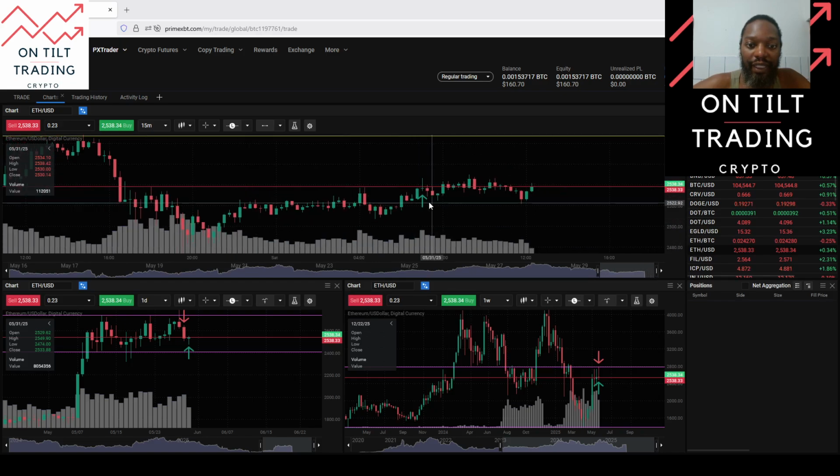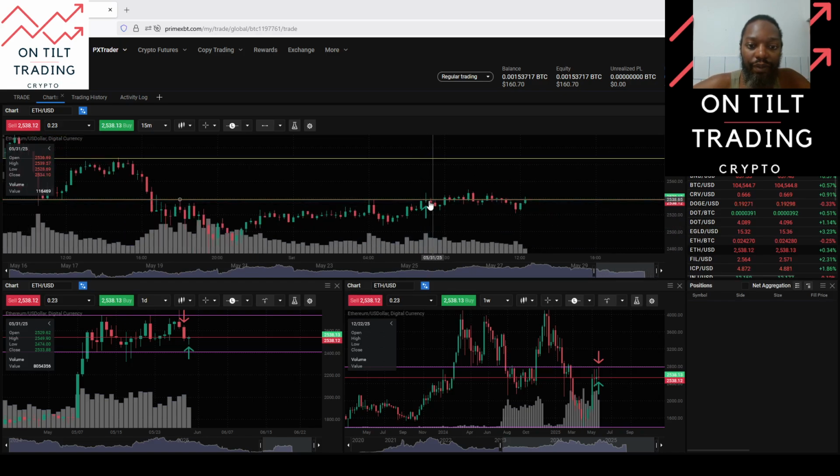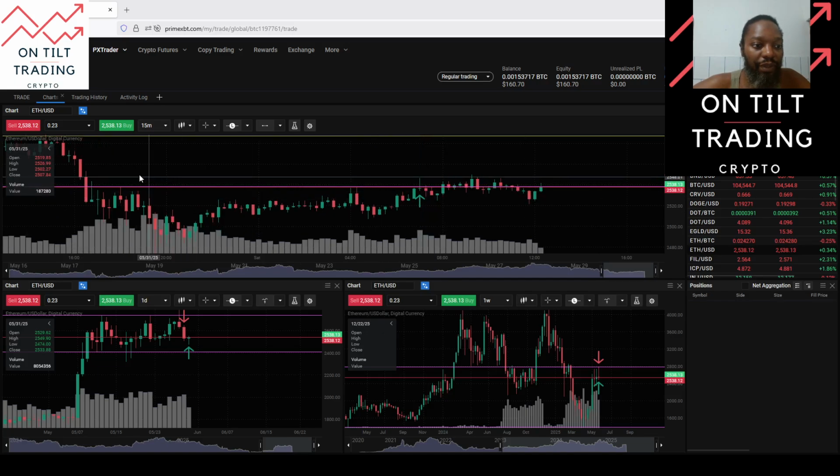Then it's in this candle here where price goes above this previous strong high, which signals to me the potential for a market structure shift.